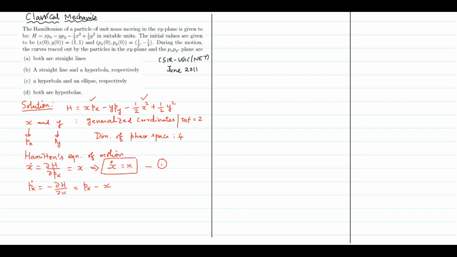But there is an overall minus sign, so you will get minus px plus x. Now rearrange: x dot plus px is x itself. You call this equation number 2.